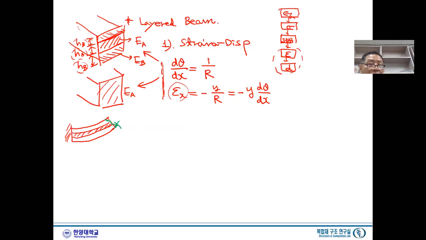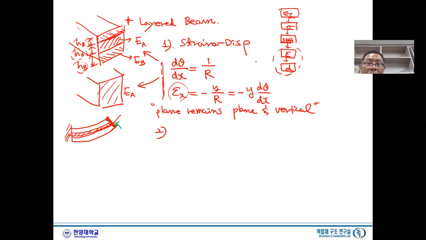Regardless of the number of layers or material property, the cross section always remains plane and remains vertical with respect to this neutral axis. That we need to keep in mind. So this step applies equally to any section.